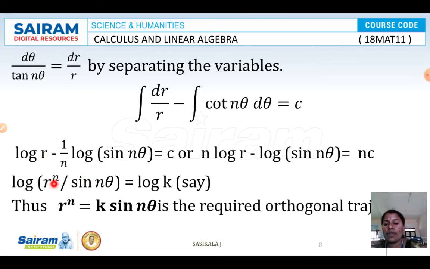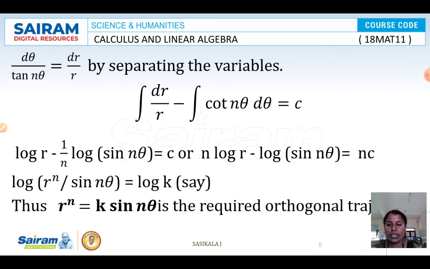So log of r power n by sin n theta is equal to log k, where we have taken nc to be considered as log k. Okay, so log is cancelled on both sides. R power n by sin n theta is equal to k. I will get r power n is equal to k into sin n theta. We get the required orthogonal trajectories.